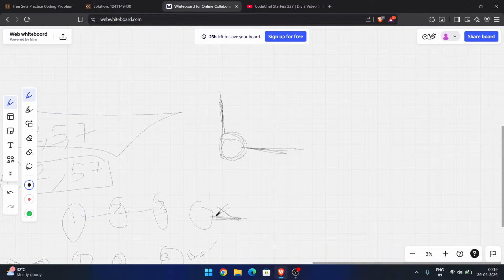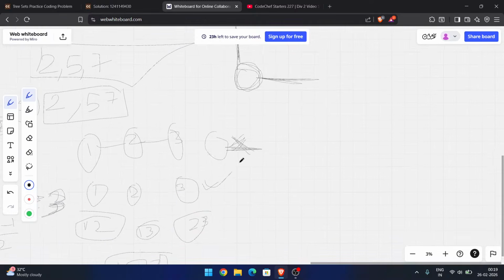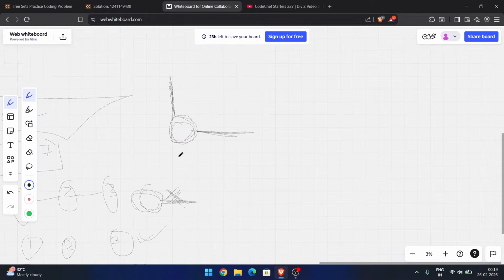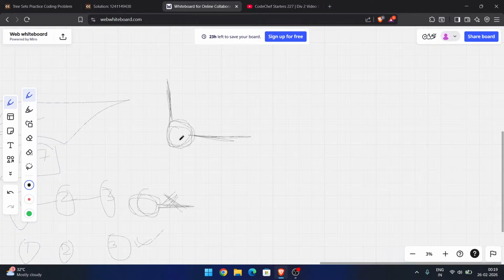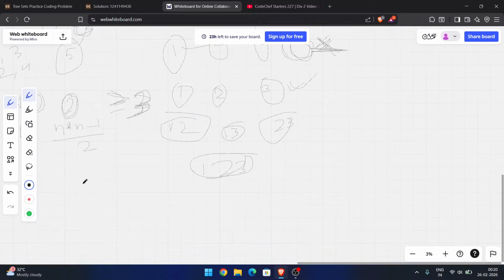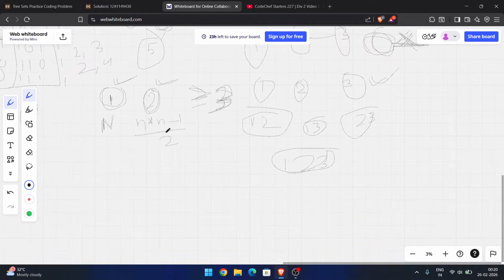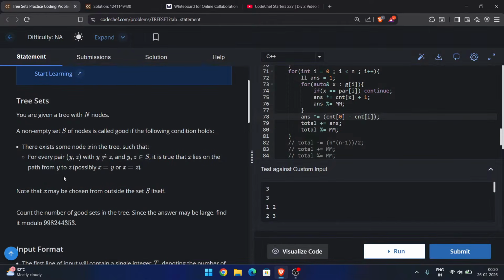We can't form any subset greater than 3 which has this element as a center. So we have calculated for size 1 and for size 2. Now we have to calculate for sizes greater than 3: how many valid subsets are there of size greater than 3 which satisfy these two conditions.